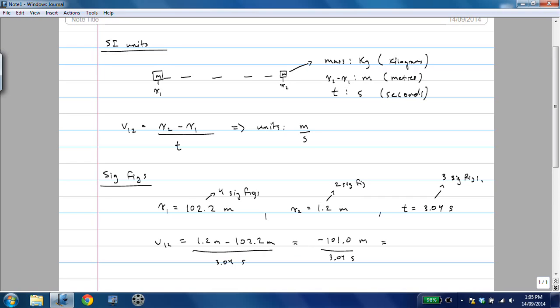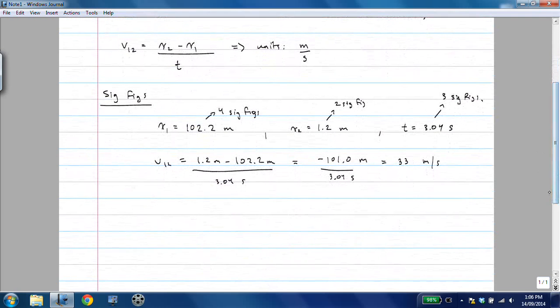We'll do this as well. 101 divided by 3.04. And we'll want to represent it in 2 sig figs. So we only have 33 meters per second. So this would be the correct answer here, since the lowest number of sig figs in our problem was 2. Okay, so that's significant figures.